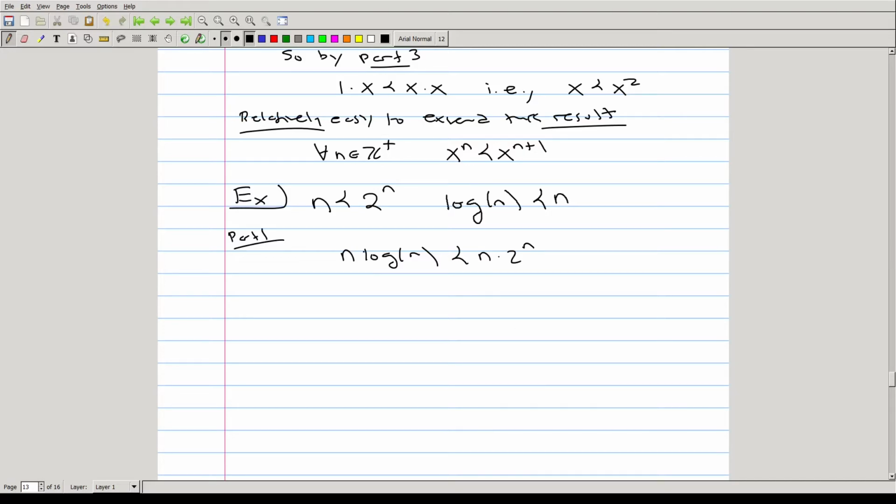Not only that, but it's relatively straightforward to rewrite n times log of n as log of n to the n, and this log can be any base, log base b of n to the n, is strictly dominated by n times 2 to the n.